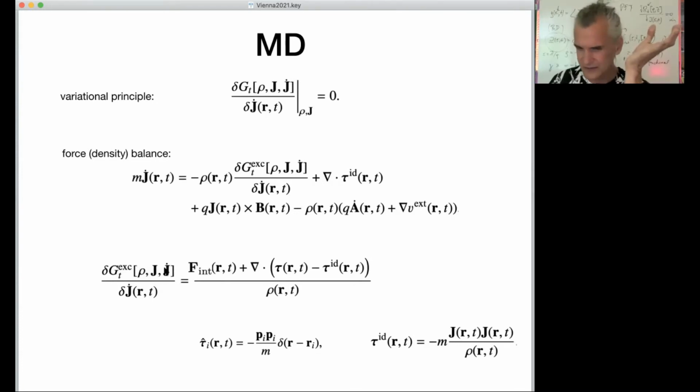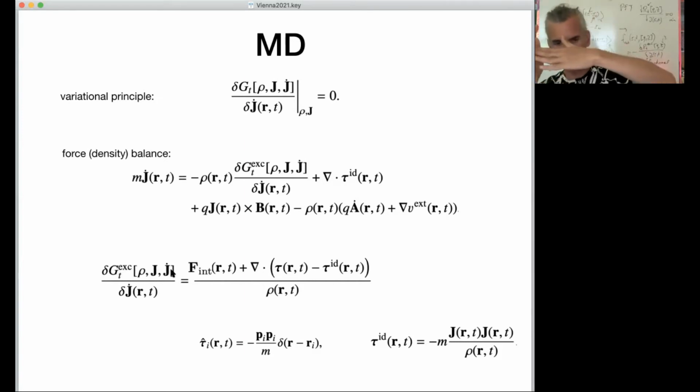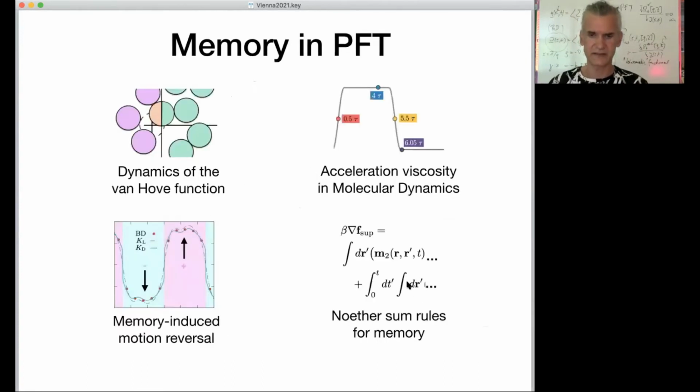Like in DFT, this has all the spatial correlations in it. But differently from density functional theory, this also has a time derivative in it. And the dependence is a history type of dependence. The functional eats all these fields up to time t and produces a value. And that means that this kinematic functional, which I've been stressing, depends on the flow, and also on the past of the system.